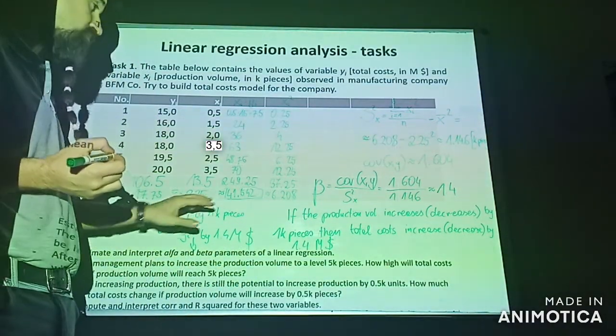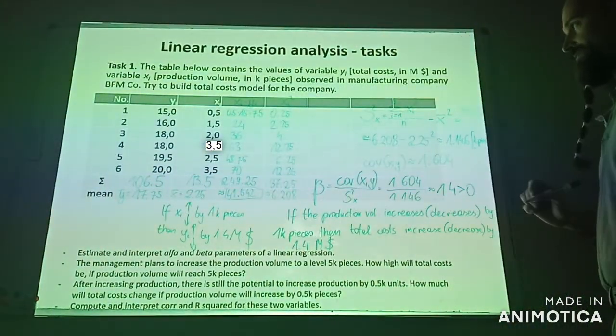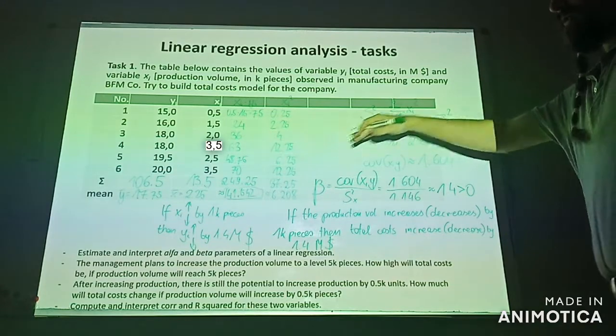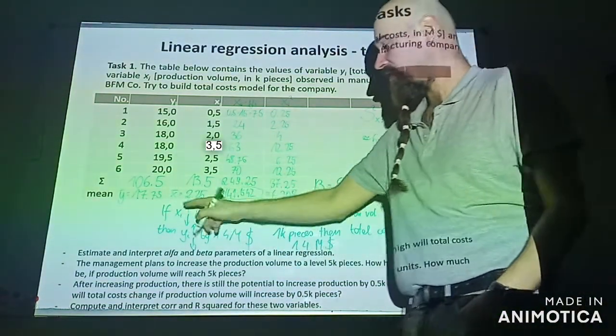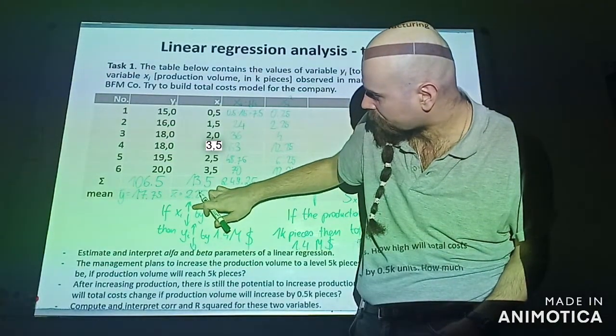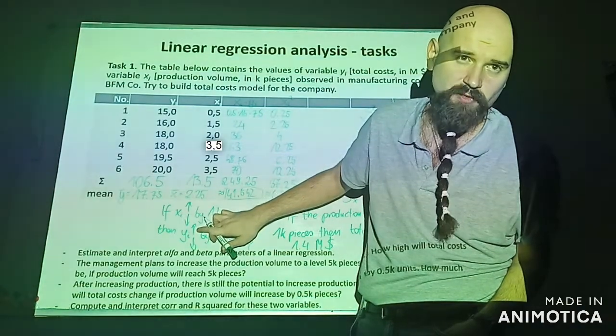Yeah? Beta parameter is positive. We have the positive relationship between the variables. So if one variable increases, the second variable increases as well.